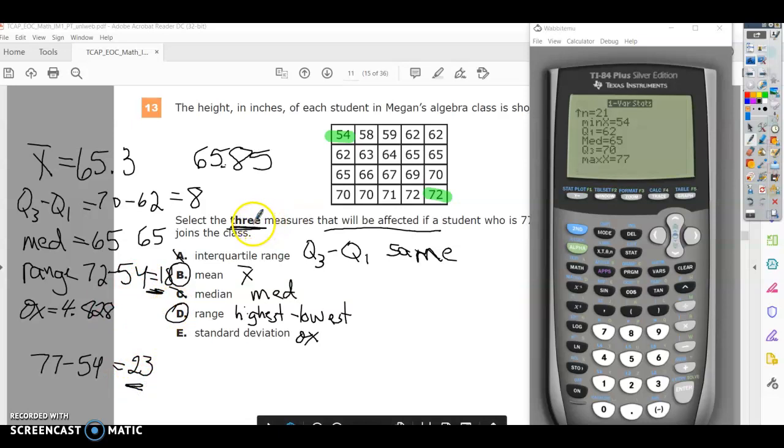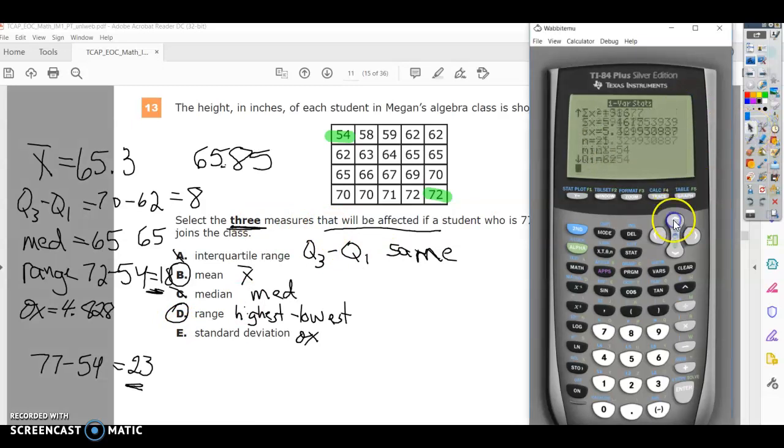Since it says select 3, we know E should be an answer as well, but let's check it from our answers here. The standard deviation of X for the new set with the 77 added is going to be 5.32. It went from 4.8 to 5.3, so the standard deviation has also been affected.